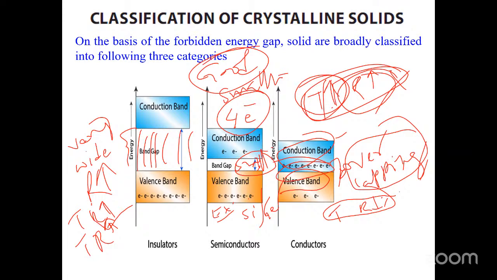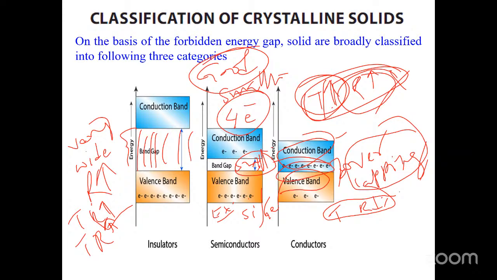That means a larger number of free electrons are available for conduction, so current conduction may be very good in semiconductors. By increasing the temperature, these materials may work as good conductors. At normal temperature, these materials may work as conductors. That is the difference you need to follow and understand.